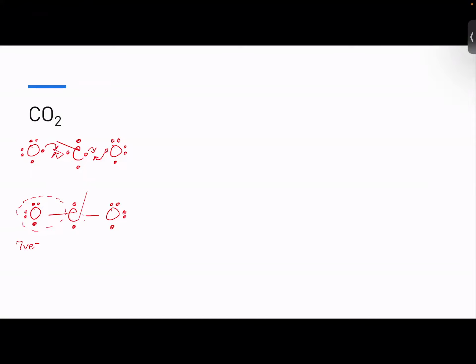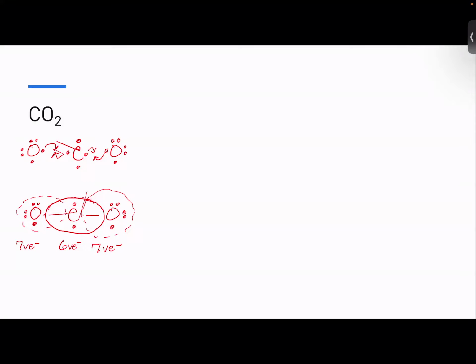The oxygen on the right also views itself as having 7 valence electrons, and our carbon views itself as having 6 valence electrons. So in other words, this molecule is not happy because nobody has an octet, and all of these atoms must have an octet. All atoms other than hydrogen must have an octet.